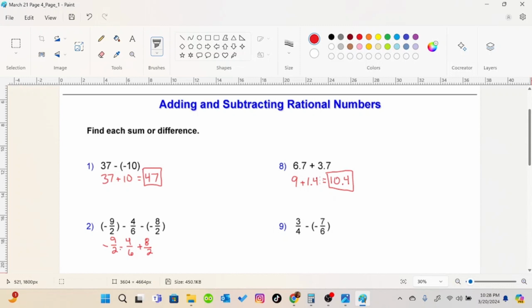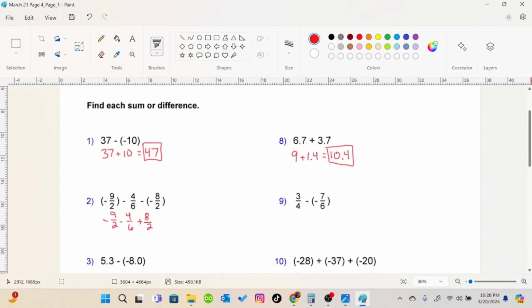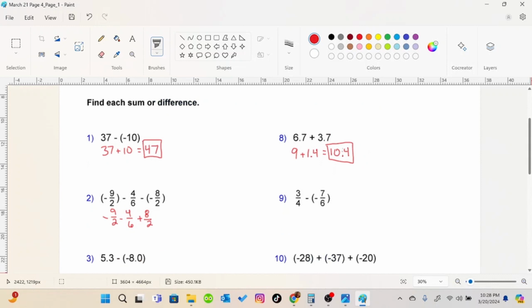In order to add or subtract fractions, we must have common denominators. So I'm going to multiply the halves by 3 so that they become sixths.